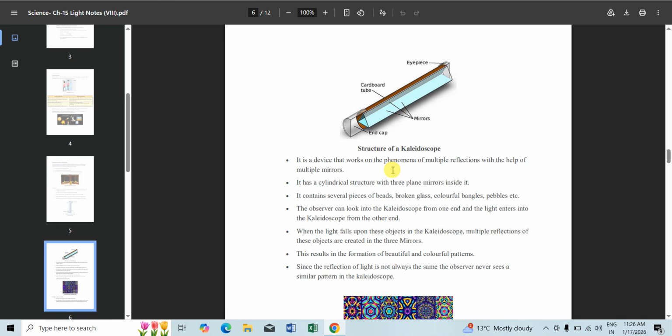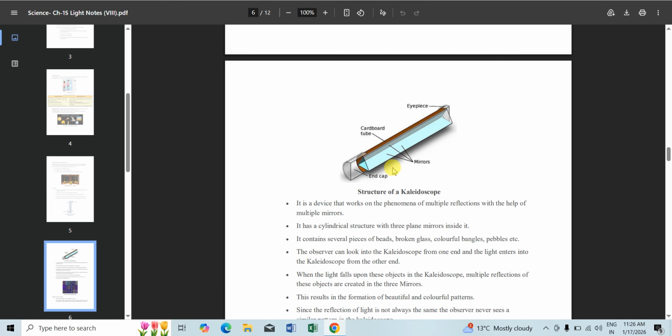Now kaleidoscope. Okay, so a kaleidoscope is a device that works on the phenomenon of multiple reflections with the help of multiple mirrors. It consists of at least 3 plane mirrors. Okay, this is a kaleidoscope, and there are 3 mirrors, 1, 2, 3, you can see.